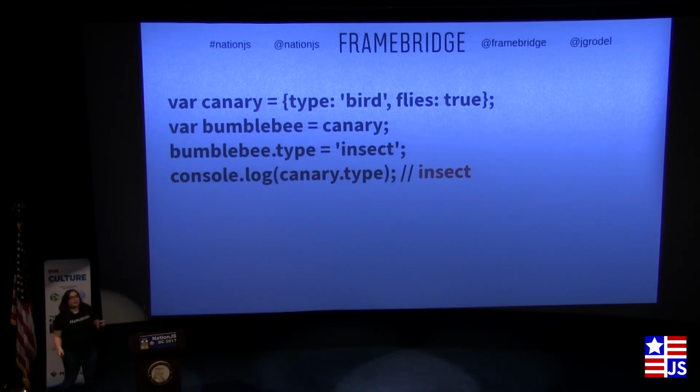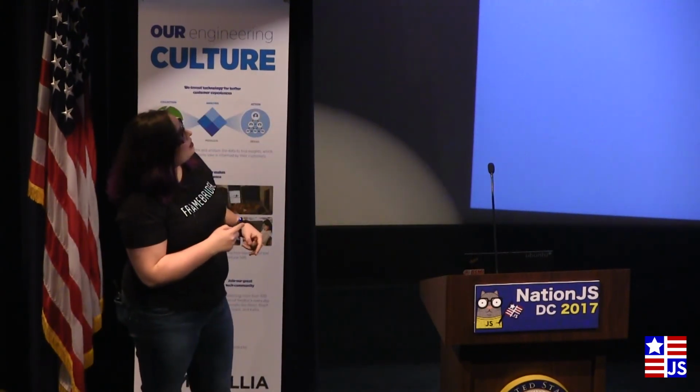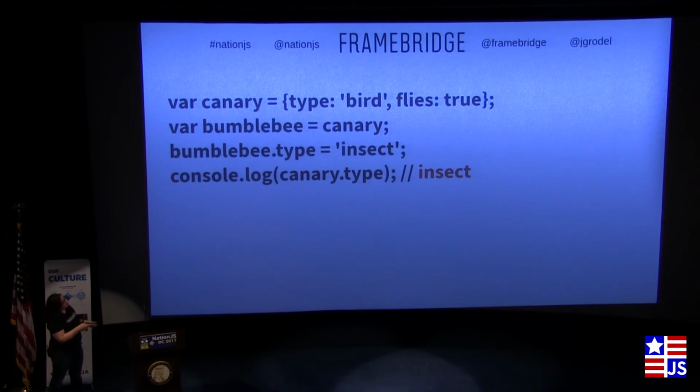And that is because when we deal with these object objects, we are dealing with them by reference instead of by value. That means that the thing that we're storing in canary is a reference to where that object is. It's not the object itself. So canary is a pointer to where this object we set up is. And when we say bumblebee equals canary, we're copying that pointer and putting it in bumblebee.